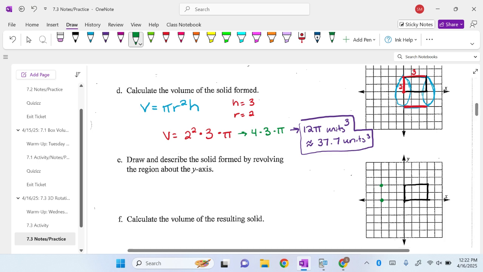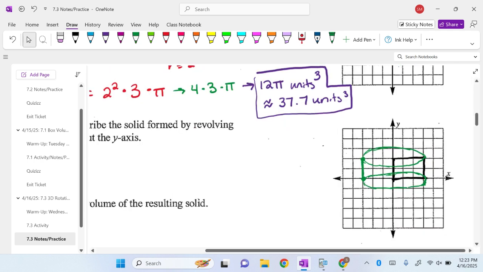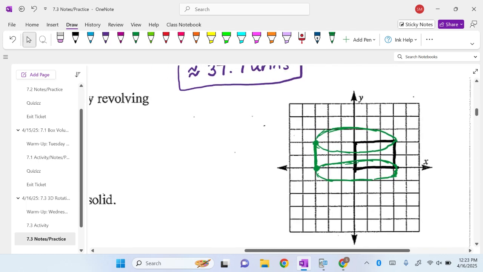So when we do this, it'll look, and you guys can turn off the light if you need to, I know it's probably hard to see. So if we do that, our cylinder would look something like this. Again, not my prettiest cylinder, but good enough.